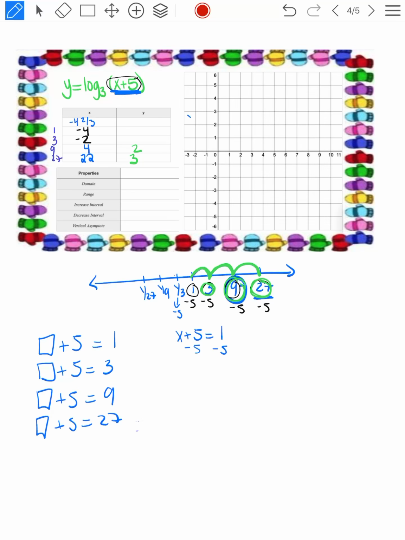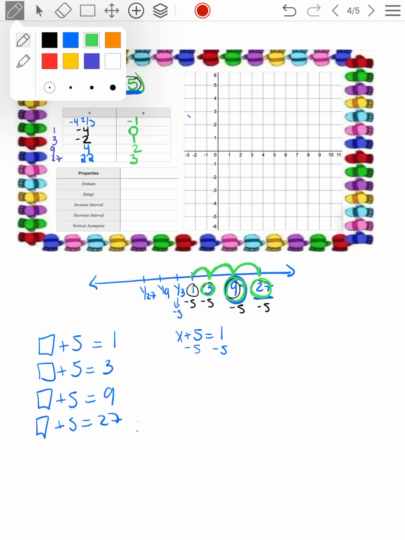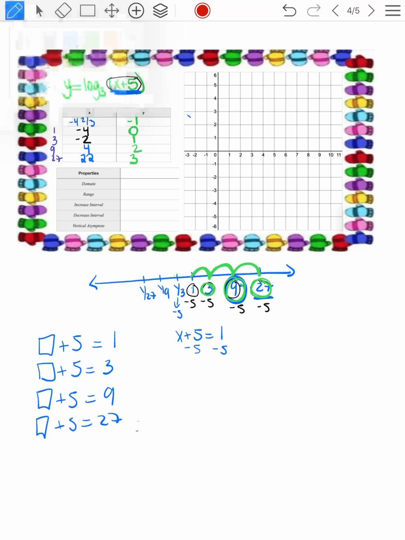It's going to take me 1 jump to get to 3. Negative 4 plus 5 is 1. Takes me 0 jumps to get to 1. And then negative 4 2/3 plus 5 is going to get me 1/3, and it's going to take me 1 jump to the left to get there.